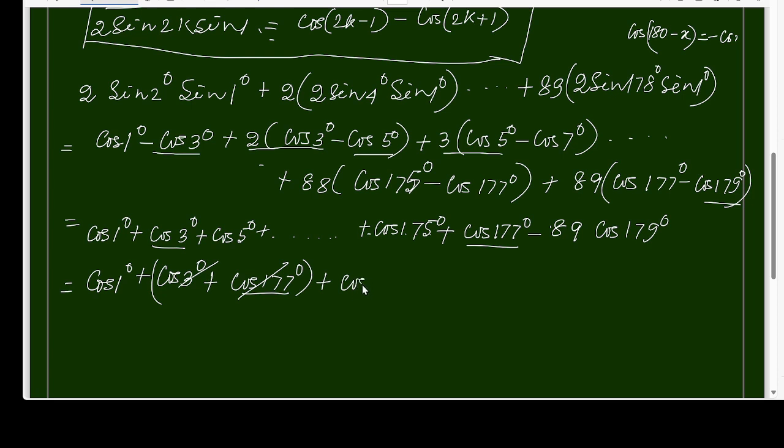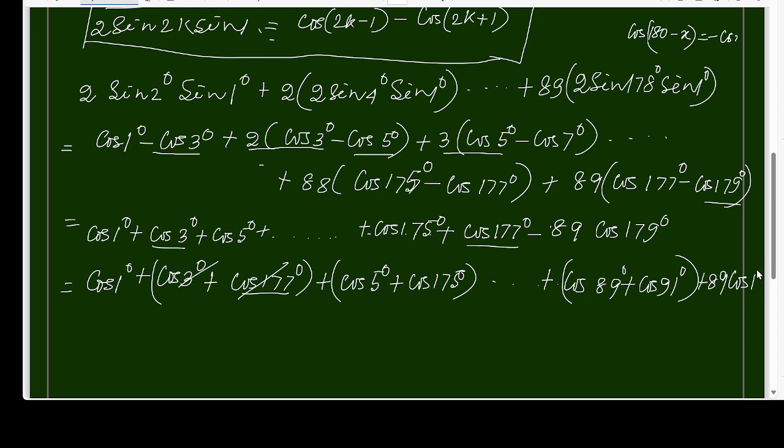Similarly, cos 5 degree plus cos 175 will give you 0, and so on. And somewhere I'll get cos 89 degree plus cos 91 degree, they will cancel each other, and the last will be minus 89 cos 179, and cos 179 is nothing but negative cos 1 degree.